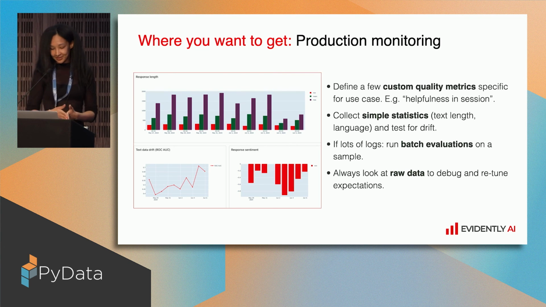Collect some simple statistics. If you prefer to do it in a batch mode, do it in a batch mode. No need to be real time in 100% of cases. And it's always good to have some raw data to debug, so that you can update your golden data set and maybe even debug and fix some issues with your model.